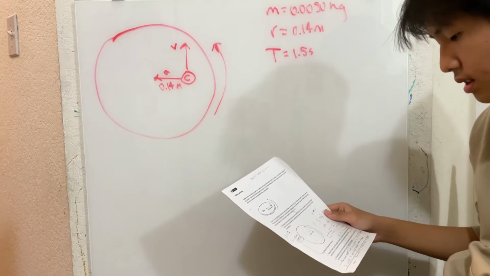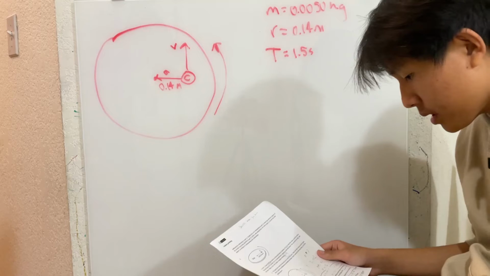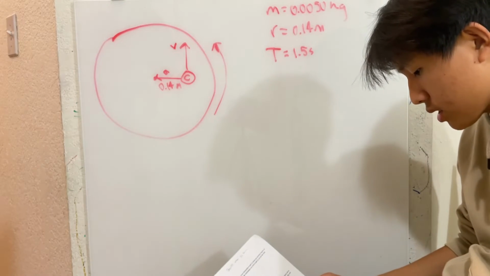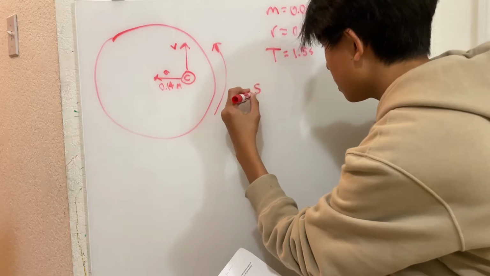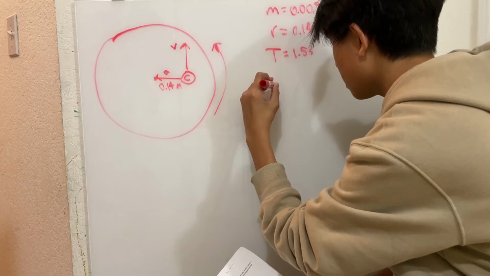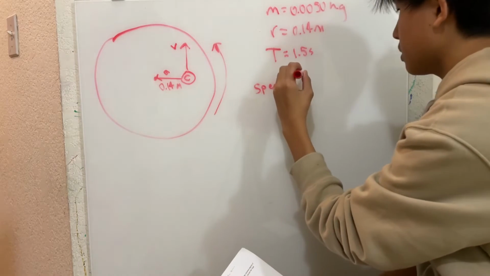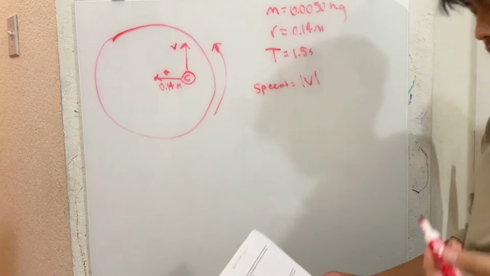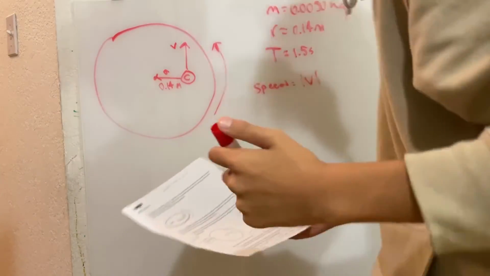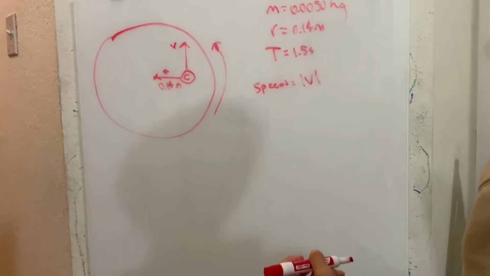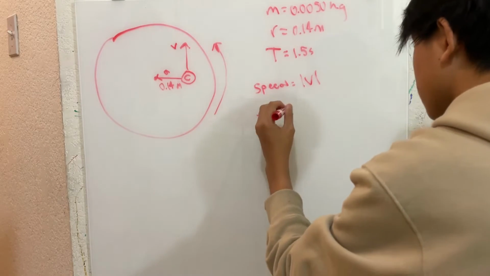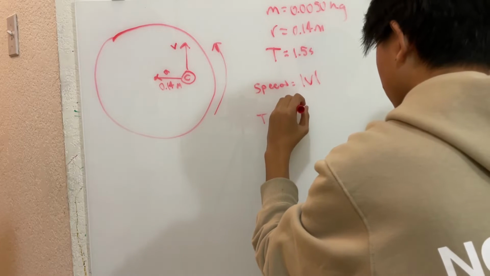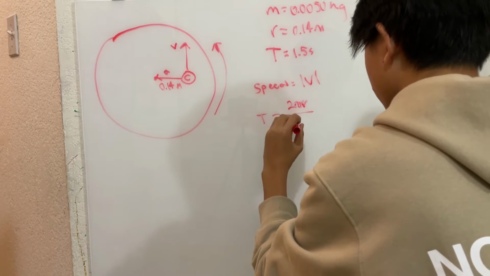And the second question is B, and it asks for the speed of the coin. So speed basically just equals the absolute value of velocity. To get that, I'm going to use the equation T equals 2 pi r over v.